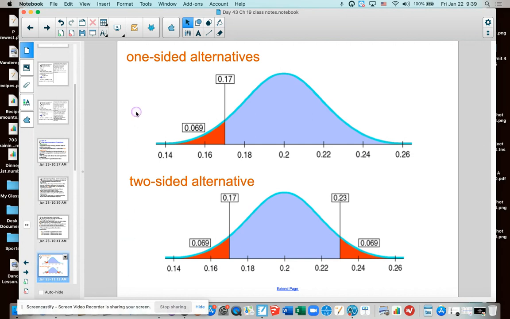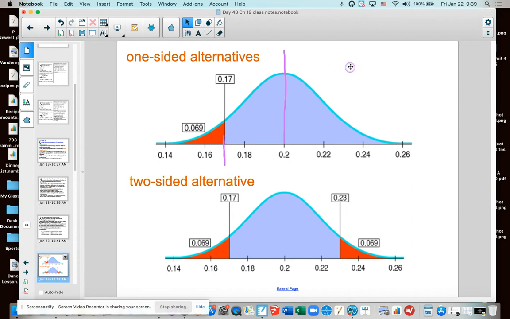So this is a visual of that. If you say it's less than, then you're going to get this first graph, where you're looking at some cutoff value. Now this would be the claim. We always make the claim the center, and then this cutoff here is what you get from your sample.